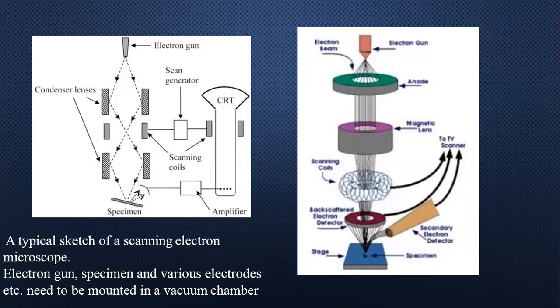In a light microscope, we use light as a source of illumination, whereas the electron microscope uses an electron gun to produce the electrons, as shown in this figure. In the figures on the left and right, it is the same: the electron gun is the source of electrons.